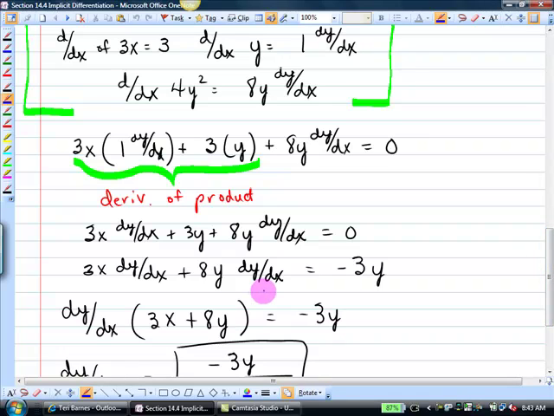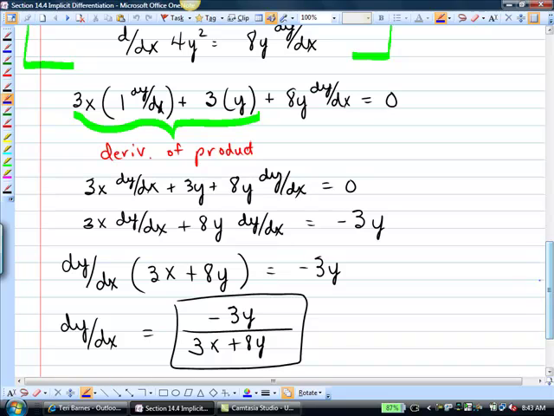Then you're supposed to factor out dy dx. So if I pull out dy dx, I'm left with 3x plus 8y. Everybody seeing that? And what am I solving for? I'm solving for this guy. So I'm going to divide by 3x plus 8y. So the derivative is negative 3y over 3x plus 8y.